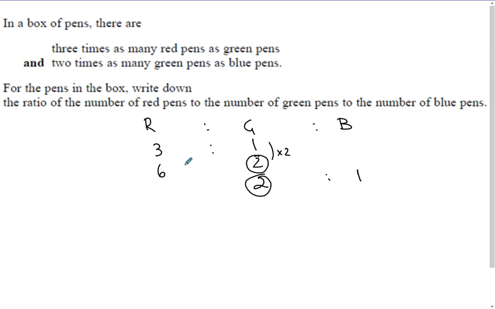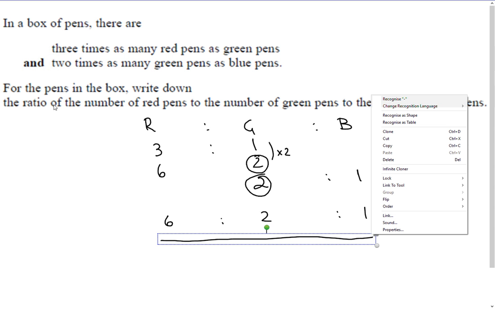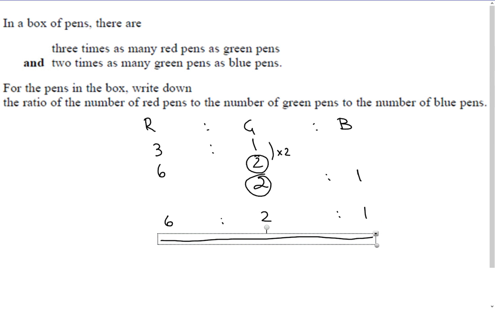So 3 to 1 is the same as 6 to 2. So the resulting ratio is 6 to 2 to 1. Isn't that easy? So no matter how wordy the questions look, as long as you just write your workings in the layout, everything will fall into place.